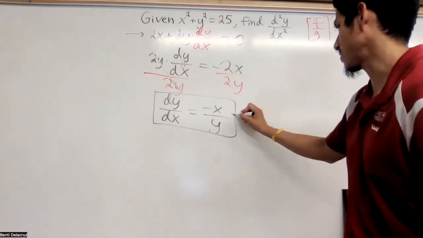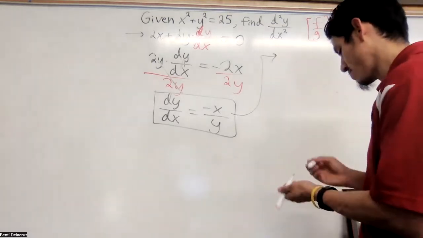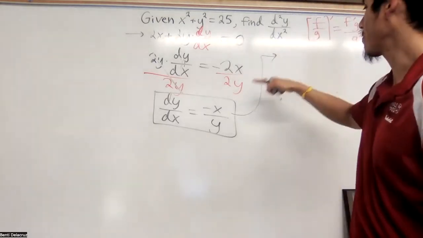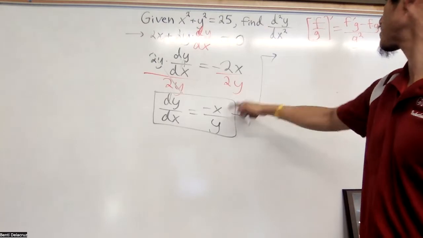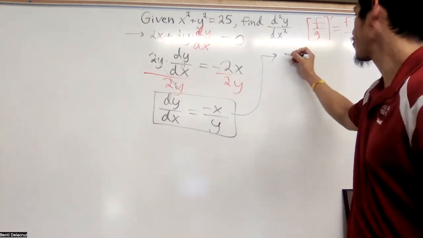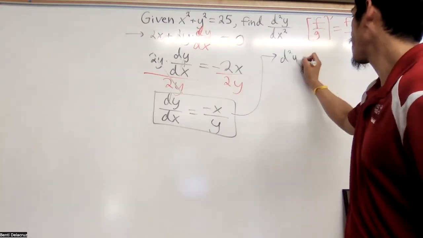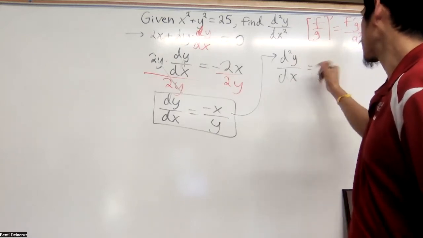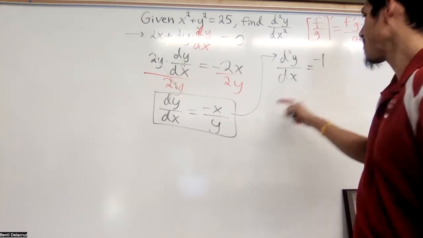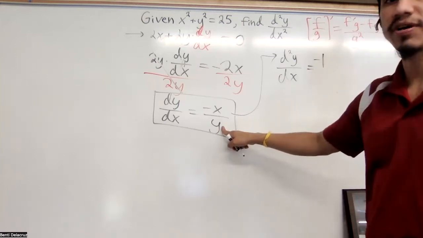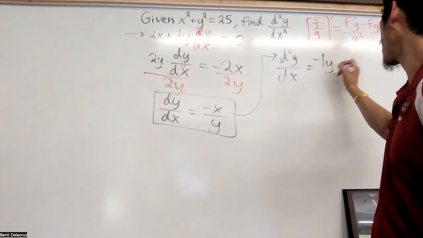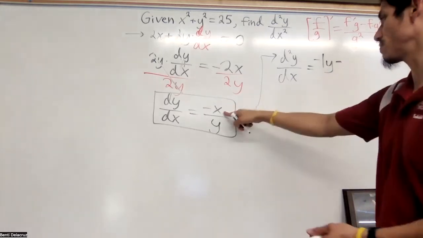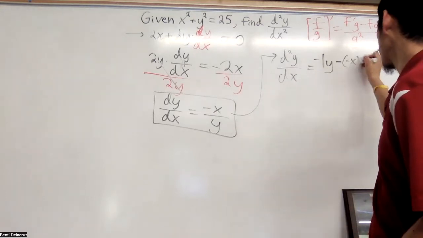So let's go ahead and start going through it. Let me switch my marker here instead. All right, so the derivative of negative x would just be negative 1. So we'll have the second derivative of y with respect to x is equal to negative 1 times the bottom function, so times y, so negative 1y, minus f, so we'll leave the negative x there.